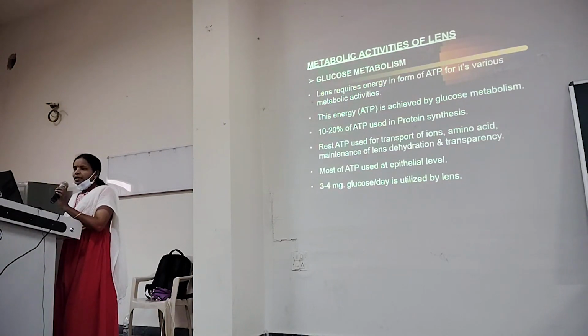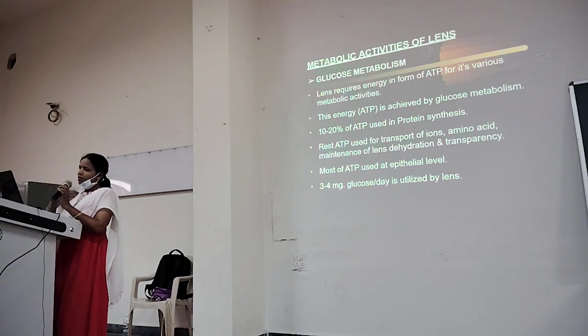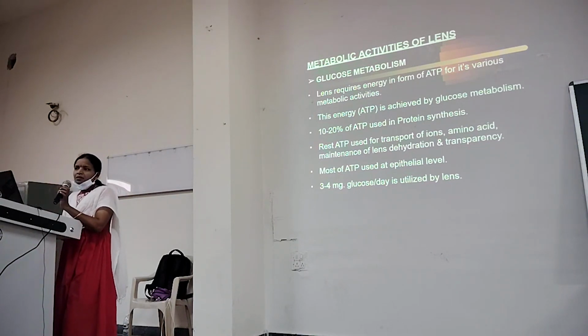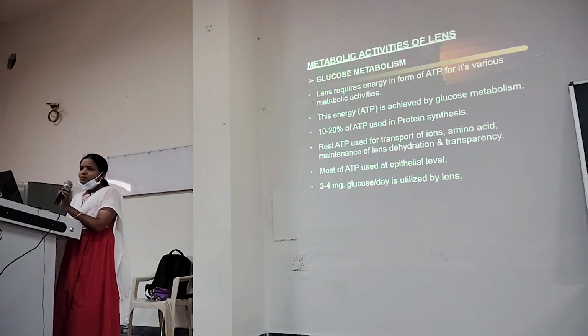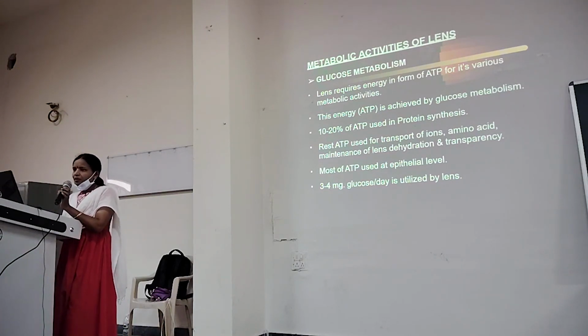So what are the metabolic activities happening in the lens? Glucose metabolism mainly happens by anaerobic metabolism, that is glycolysis, and whatever ATP is generated is used for the production of proteins and glutathione, for the ion transport mechanisms across the lens capsule and the epithelium, and to maintain the lens in a transparent, dehydrated state.